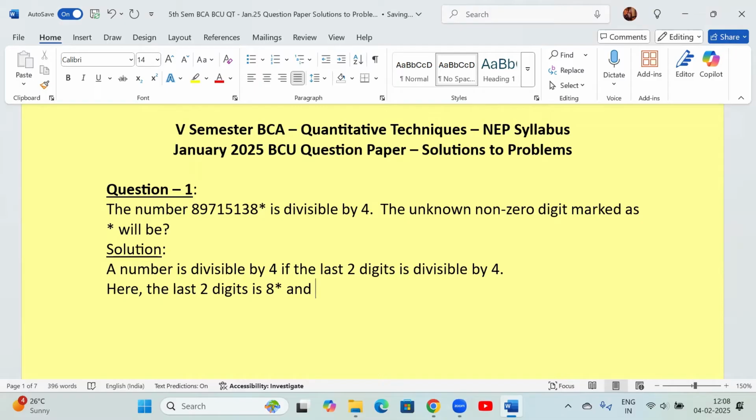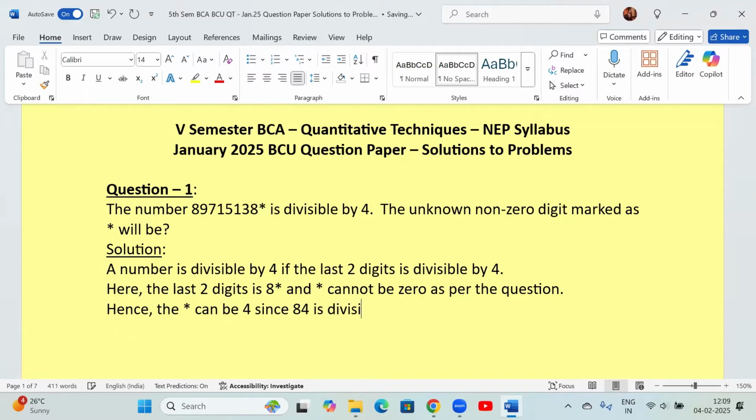And the unknown digit cannot be 0. They say non-zero. And star cannot be 0 as per the question. Hence, the star can be 4, since 84 is divisible by 4.